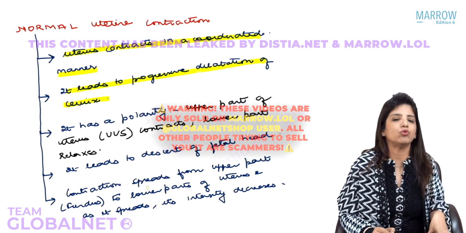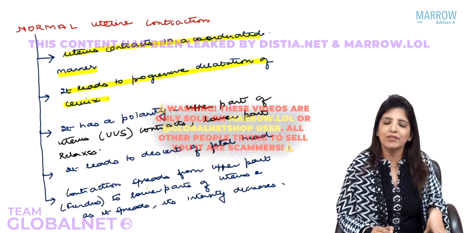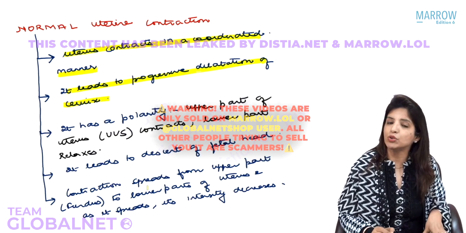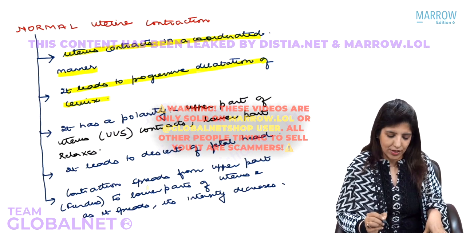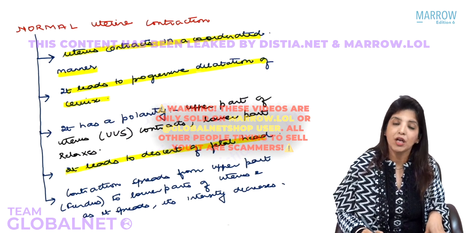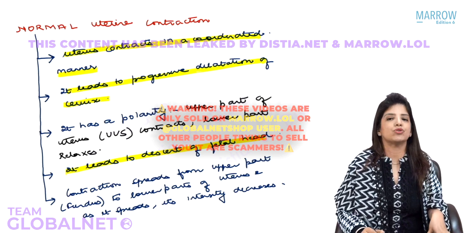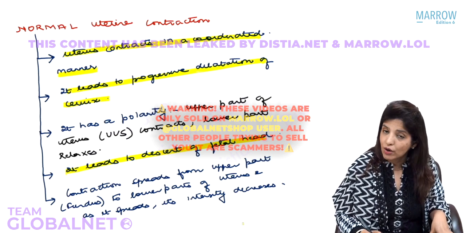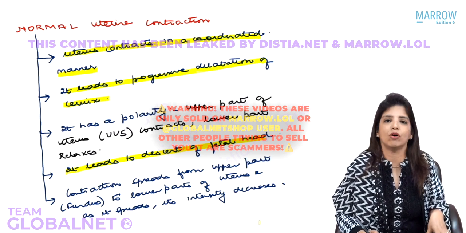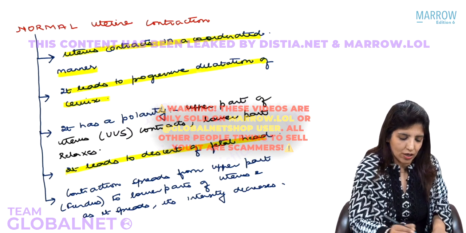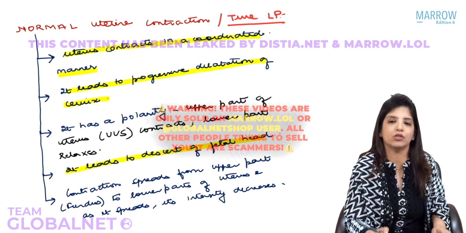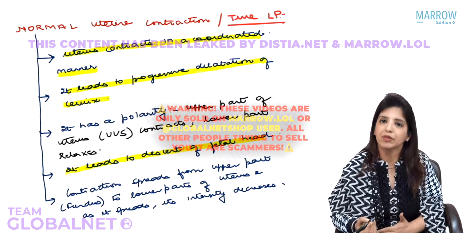So, normal uterine contractions are the ones which lead to dilatation of the cervix. Not only do they lead to dilatation of the cervix, they will also lead to descent of the fetal head. So uterine contractions which are leading to dilatation of the cervix and descent of the fetal head are called normal uterine contractions, or that is what is your true labor pains.